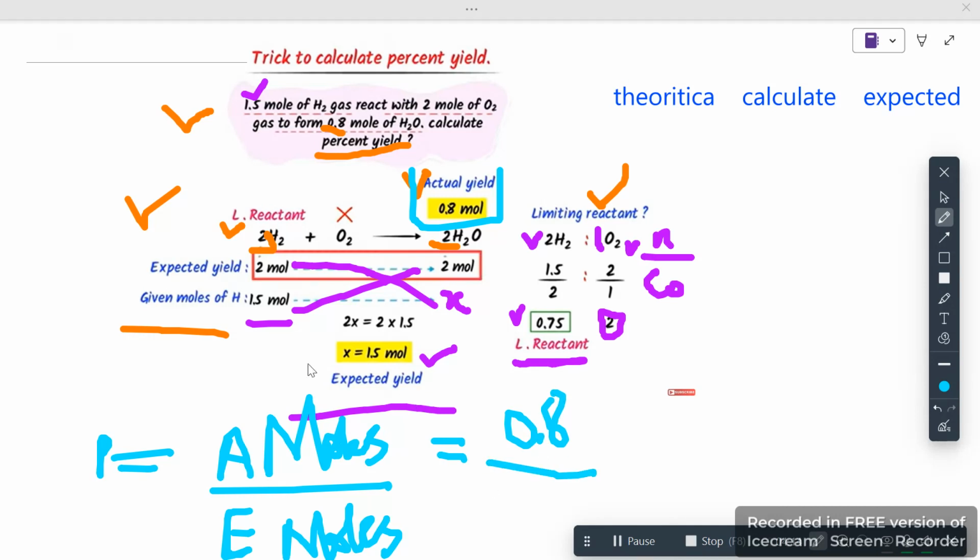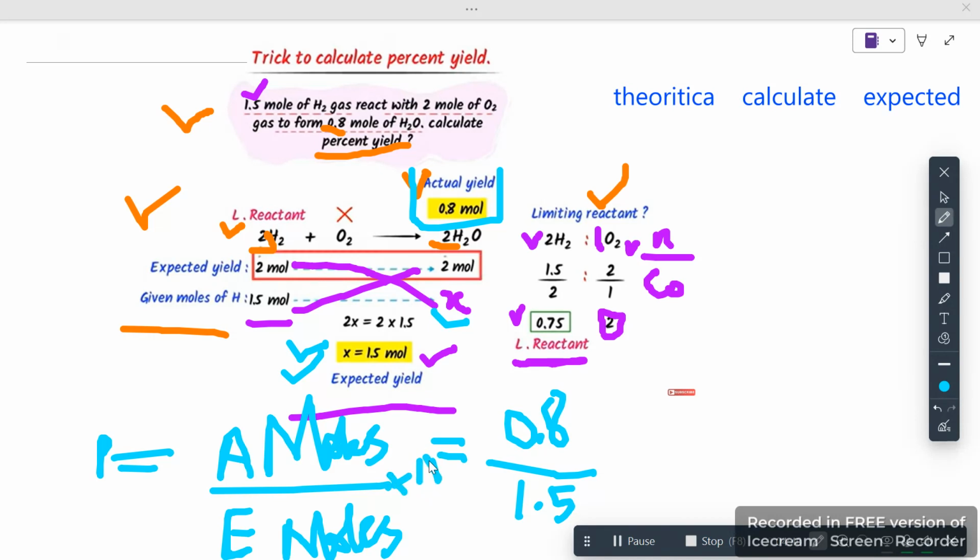So 0.8 would be divided by the expected, and we expect this one, 1.5 moles. How? We just suppose that if we are getting 2 here, we also get 2 here, and 1.5 moles was given, so we need to find this one. For that we add X here. So expected was 1.5 moles, so 0.8 is divided by 1.5, and the formula also has a multiplication by 100.